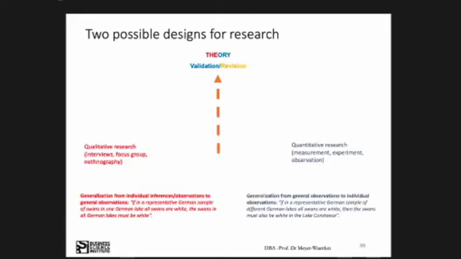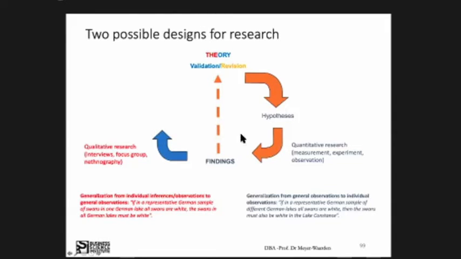Again, if you have an established theory from your literature review, you will derive hypotheses, and you will do a literature review with existing research from which you justify your hypotheses, which you will then test quantitatively with existing measurement scales and experiments, observations, surveys. And from these findings, you will validate, revise, or reject theory.